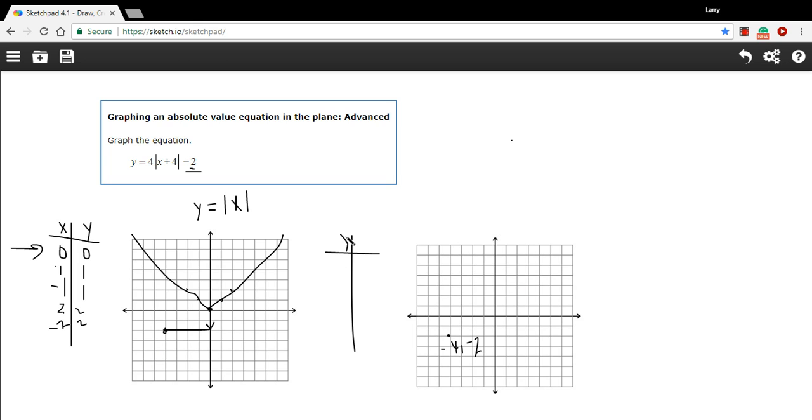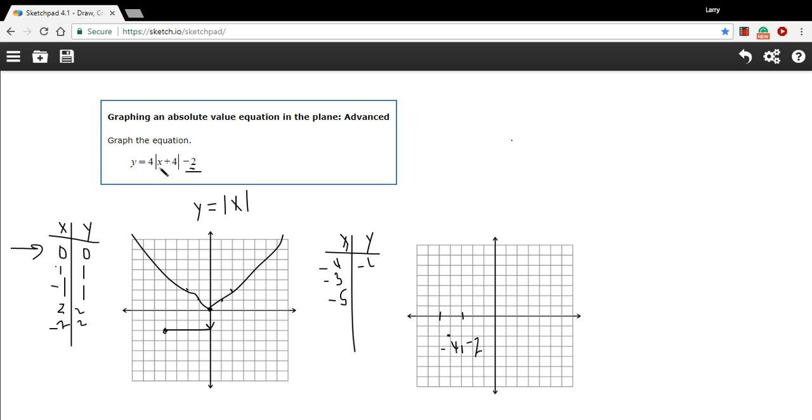So let's just put that in. So -4 gave us -2. And then let's do what we did here by choosing points on either side of the vertex. So our vertex x value is at -4, so let's choose -3 and -5 for x values and find the y value.